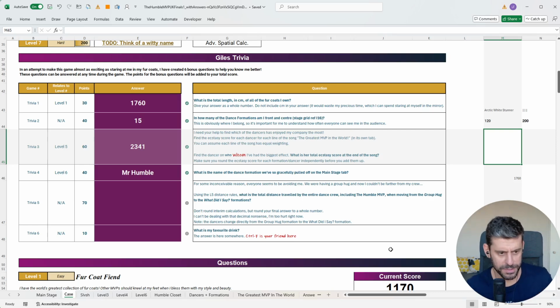For some inconceivable reason, everyone seems to be avoiding me. We were having a group hug and now I couldn't be farther from my crew. Using the level 5 distance rules, what is the total distance traveled by the entire dance crew, including the Humble MVP, when moving from the group hug to the what did I say formations?